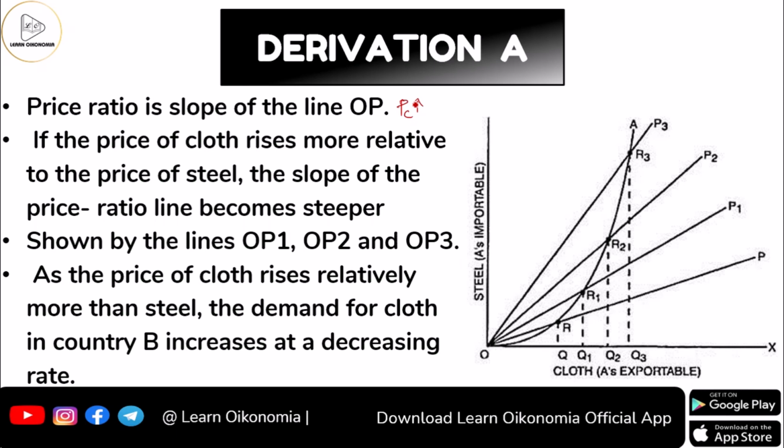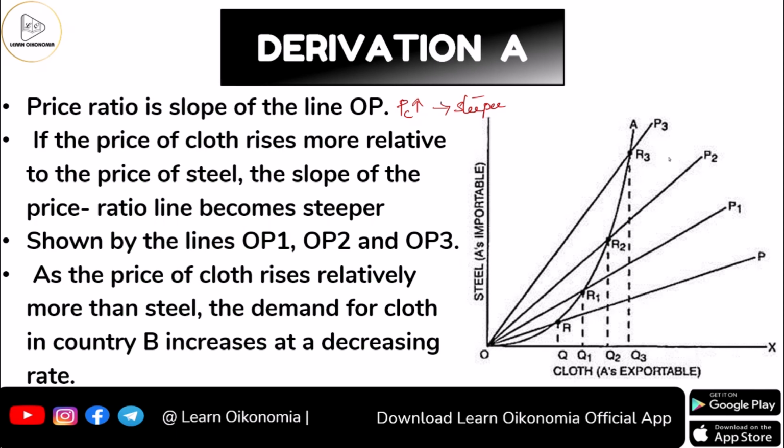If that is the situation, the slope of this price ratio line becomes steeper. This is shown by different lines, from OP to OP1, OP2, OP3, etc. These lines show this steepness.